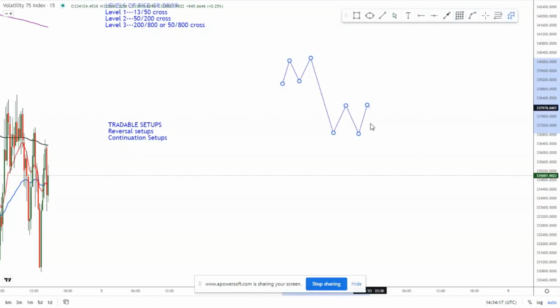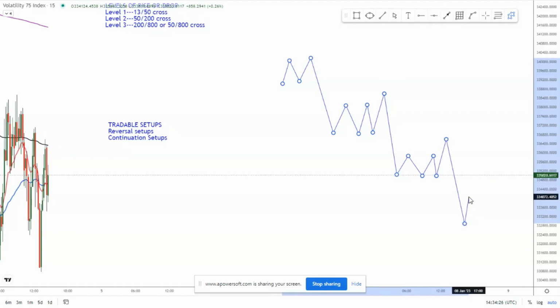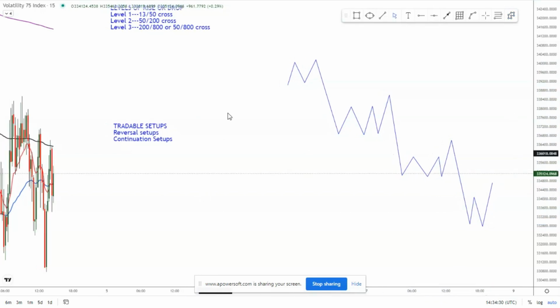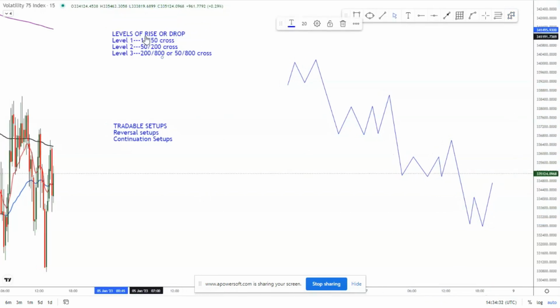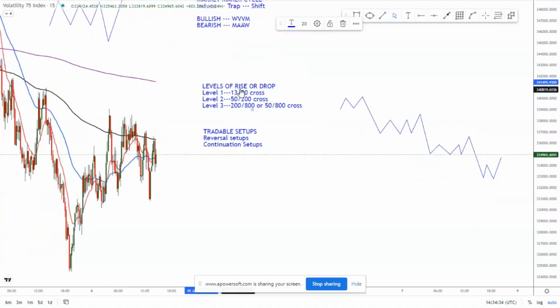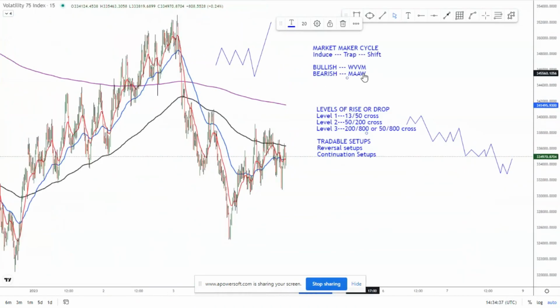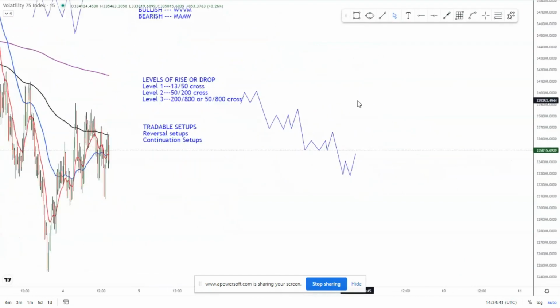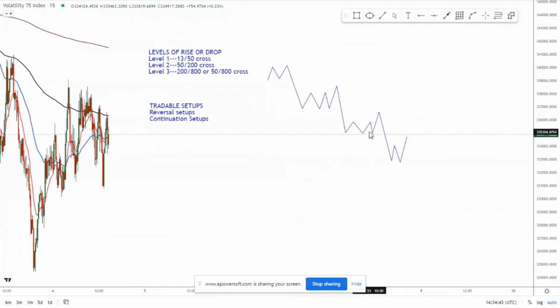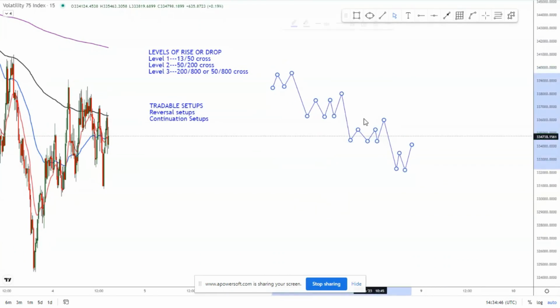Then the induce, trap, shift, induce, trap, shift, and then we end with a nice W. So that is for the bearish market, for a sell model.